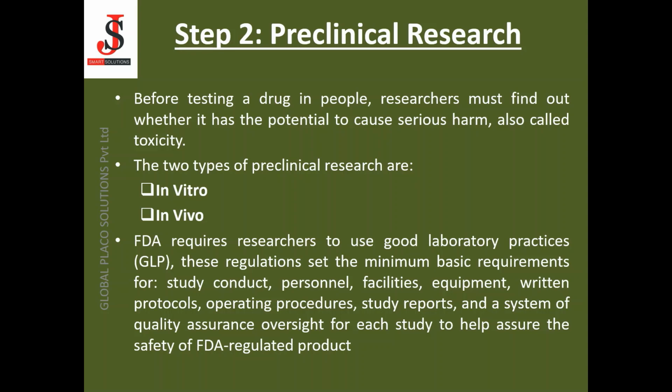These regulations set the minimum basic requirements for the study conduct, personnel, facilities, equipment, written protocols, operating procedures, study reports, and a system of quality assurance oversight for each study to help assure the safety of FDA regulated products.